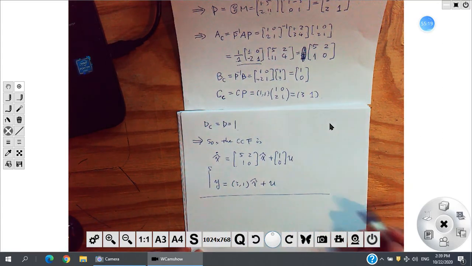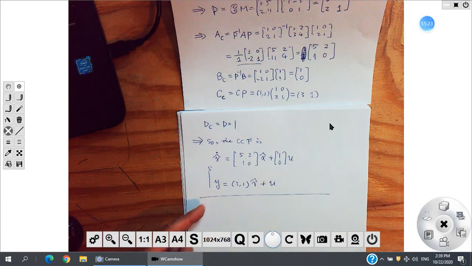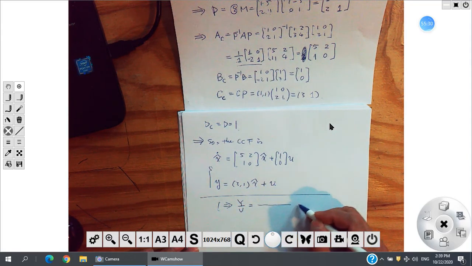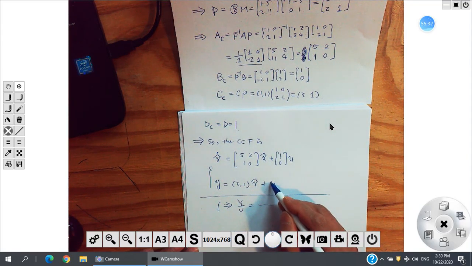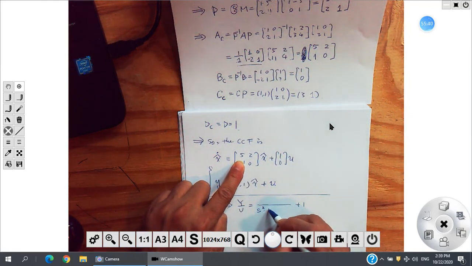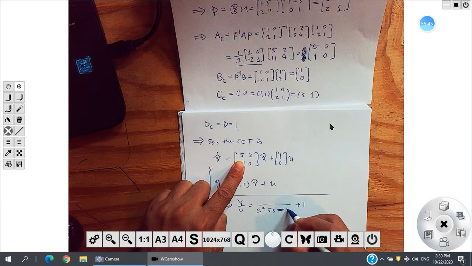And if you look at it, we can have the transfer function will be a fraction plus 1. The d is 1, right? So plus 1. Here the denominator will be s squared minus 5s plus 2 minus 2, right?